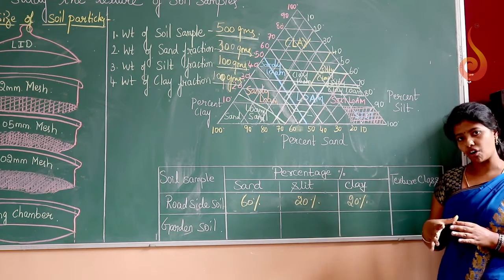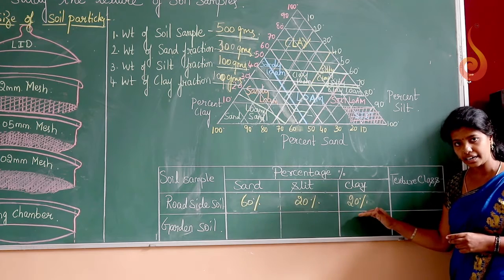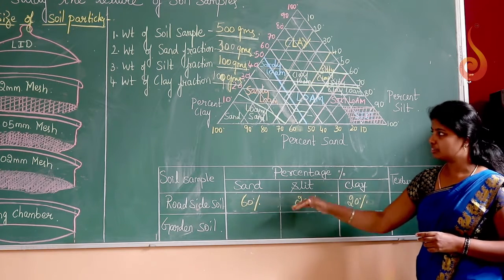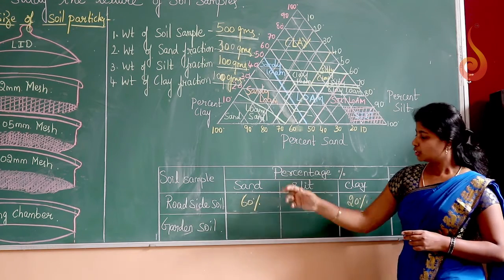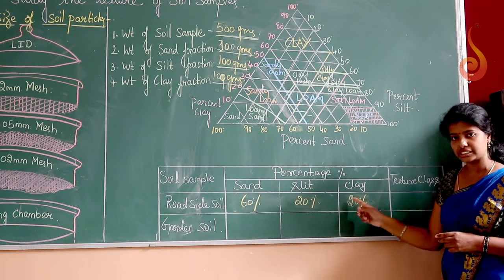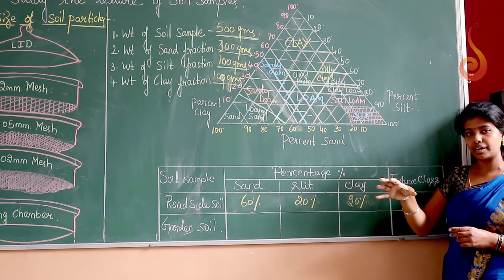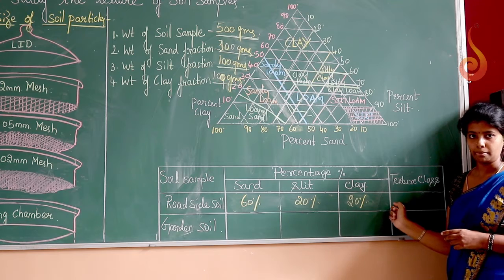Now we have got the percentage of sand, silt and clay in the given soil sample, by measuring the weight of each soil fraction. Once we compare these percentages with the texture triangle, we can determine the texture class of the soil.